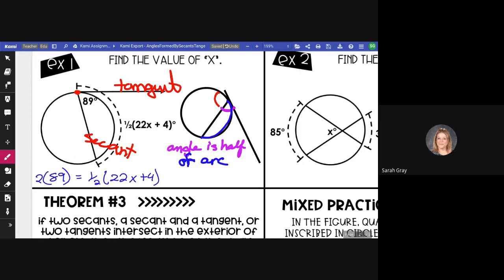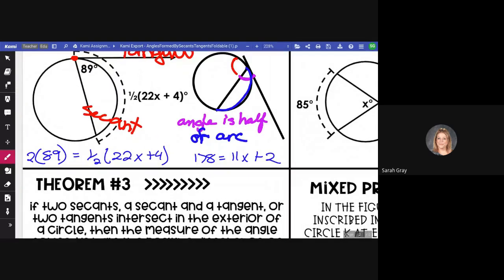Double the angle. So we know this arc is going to be whatever 89 times 2 is, which is 178. So our arc is going to be 178 degrees. I distributed the 1/2. So x equals 16.